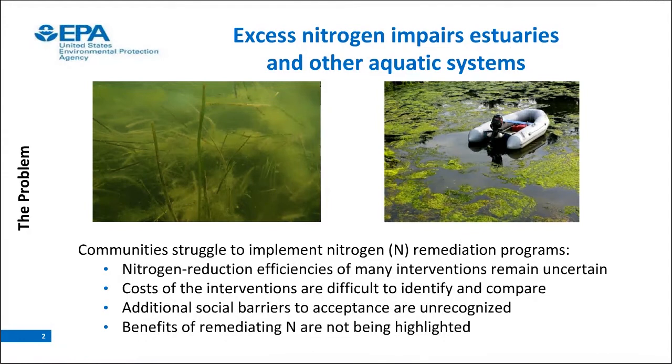I'm certain most folks on the phone are pretty familiar with the impacts of nutrient pollution in coastal systems and water bodies in general. But certainly low dissolved oxygen, algae blooms, things of that nature in the estuarine systems, loss of seagrass, changes in the biotic community are all signs of impairment due to nutrients.